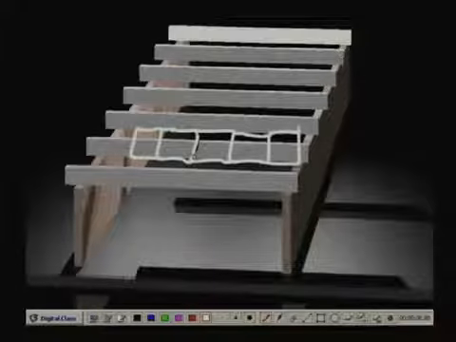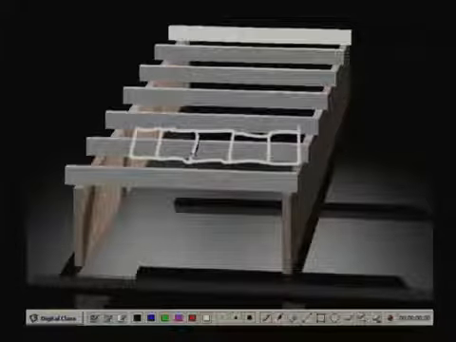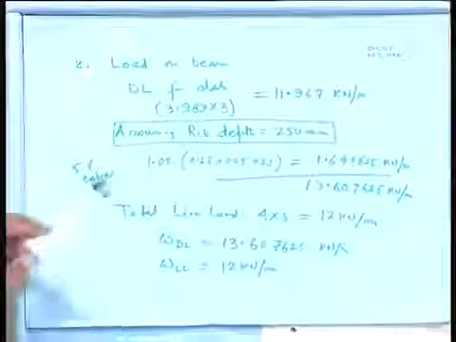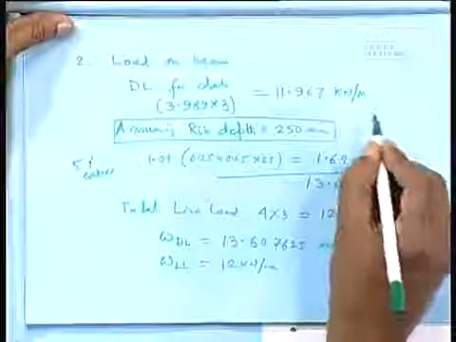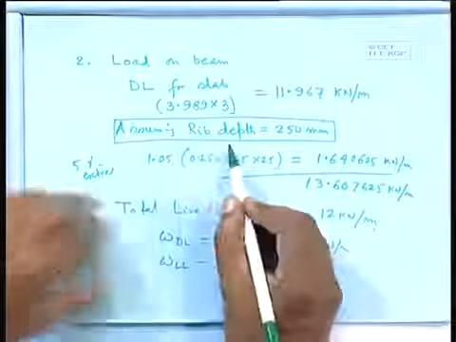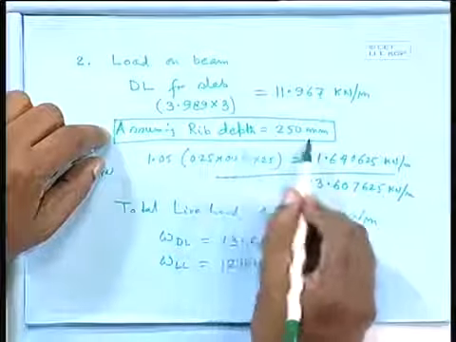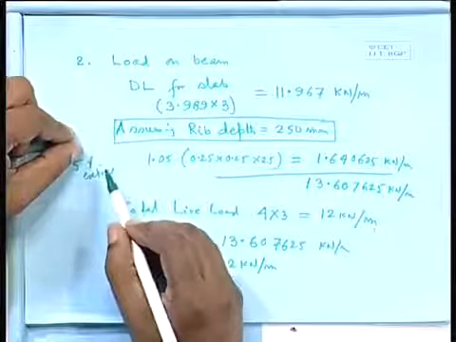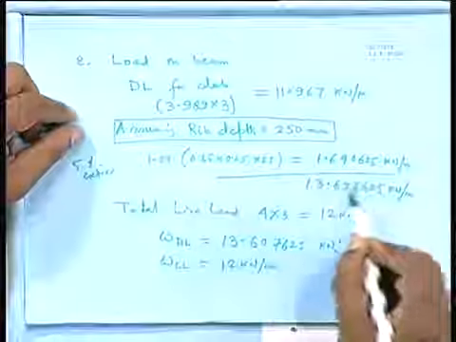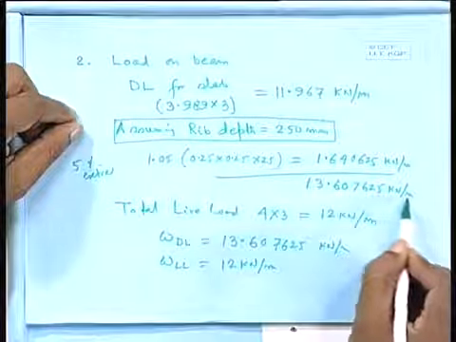So, now we have to take the loading on the beam. How much is the load on the beam? Dead load for slab we have already computed, and here we have assumed a certain rib depth, that is 250 millimeter. We are adding 5% extra for plastering and lot of other things. So, we can get 13.607 kN/m.